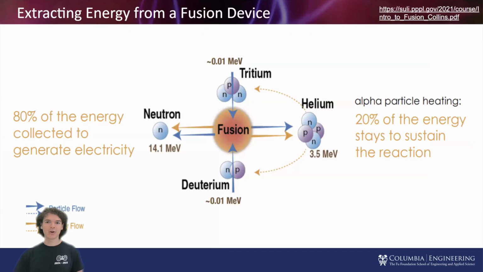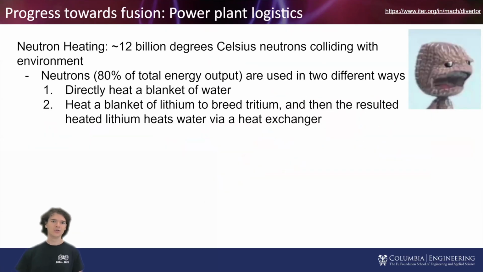Okay, and now how do we actually extract this energy that's coming out of the device? So we've built our device, and before we talked about how we have a neutron and an alpha particle that come out of this fusion process with deuterium and tritium. Neutrons will heat the blanket that we've surrounded our device with, whether that's filled with water or filled with lithium.